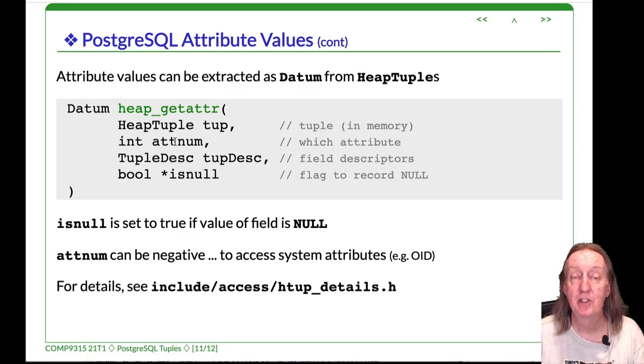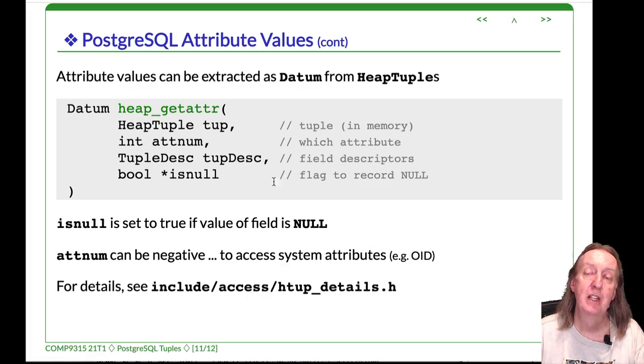It contains an attribute number, so how many attributes there are, a counter of the number of attributes. Contains tuple descriptors, which give information about the individual attributes, and tells you whether the attribute is null or not.